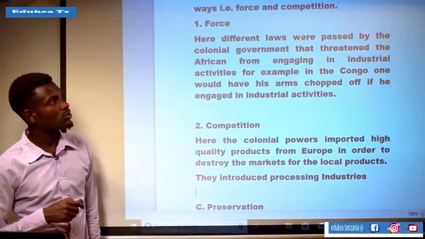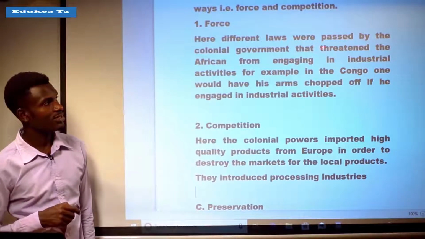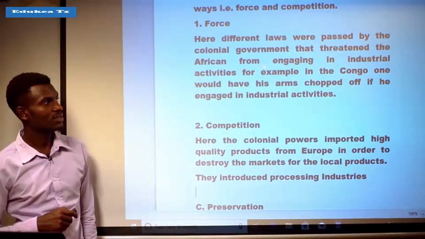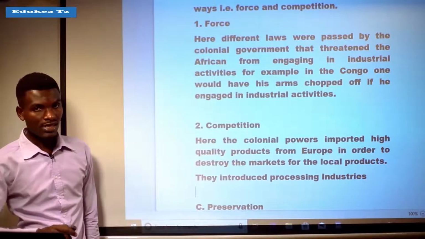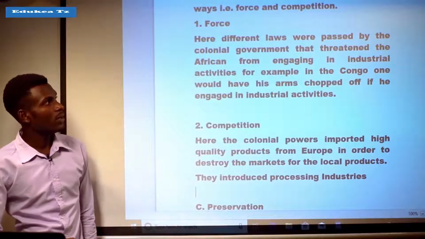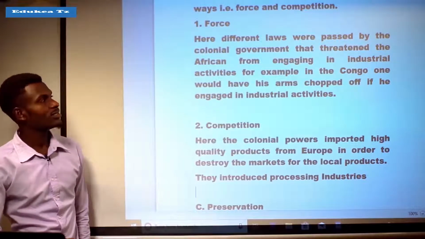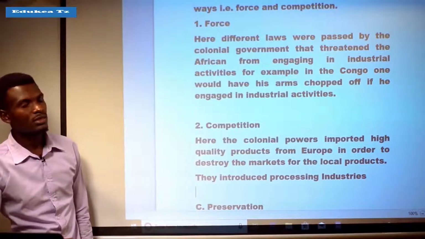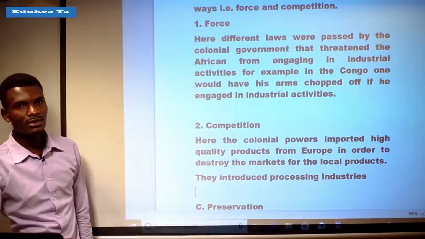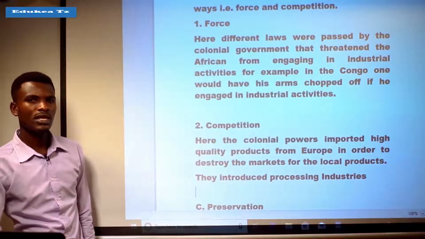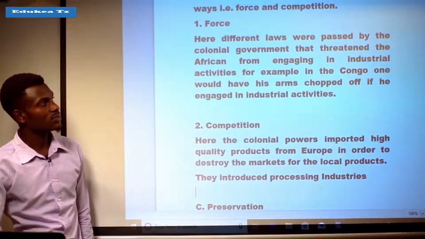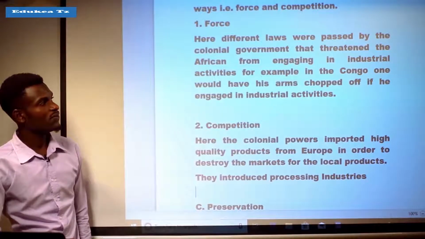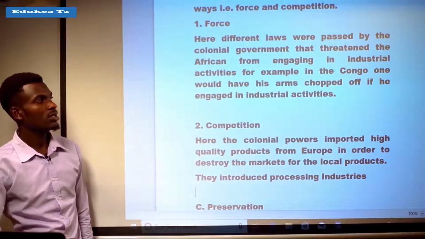Here, different laws were passed by the colonial government that threatened the Africans from engaging in industrial activities. For example, in Congo, one would have his arms chopped off if engaged in industrial activities.